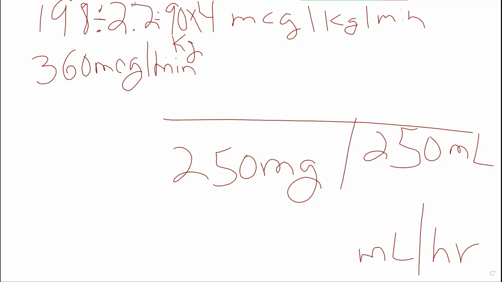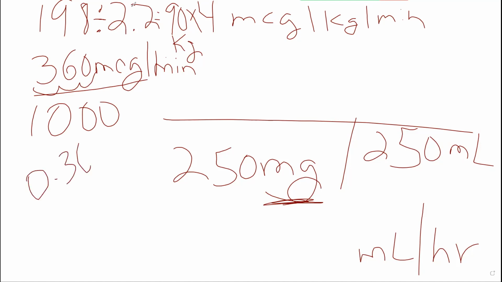Okay, I need to get to mLs per hour. So now I have to convert my micrograms into milligrams because that's what I have on hand over here. So I'm going to take my micrograms divided by 1,000. Move the decimal, 1, 2, 3. That gives me 0.36 milligrams per minute. I still have to get it to milligrams per hour, so I'm going to multiply my minute by 60 and my 0.36 by 60.